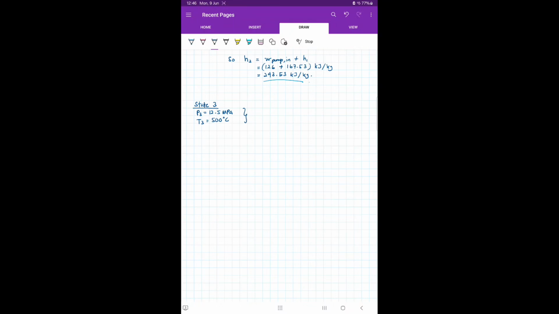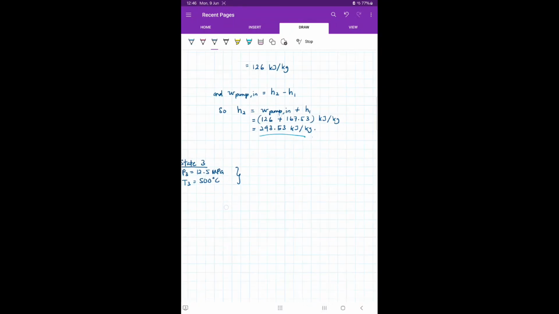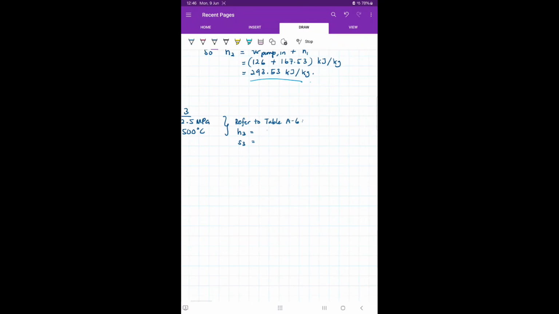Since we are superheating the steam, we can refer to table A6. We can quickly get the enthalpy at point 3 and also the entropy at point 3. Refer to table A6, we should get this.